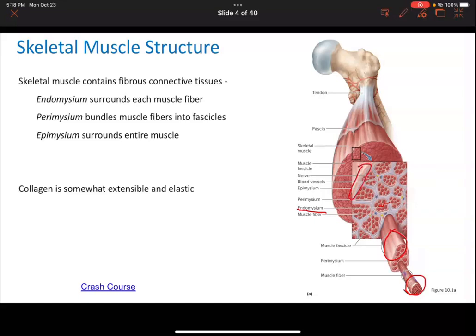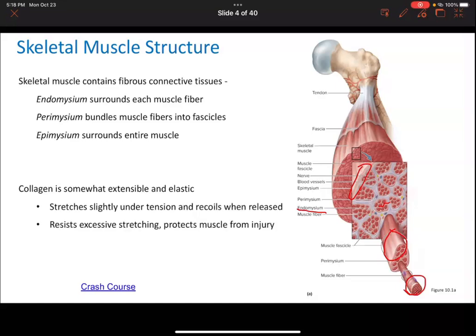The collagen in a muscle organ is extensible and elastic. It's not, but it is strong, and it's not as elastic as some of the other tissues we've talked about. It's going to stretch a little bit under tension, and it will recoil back to its original shape when it's released from that tension.